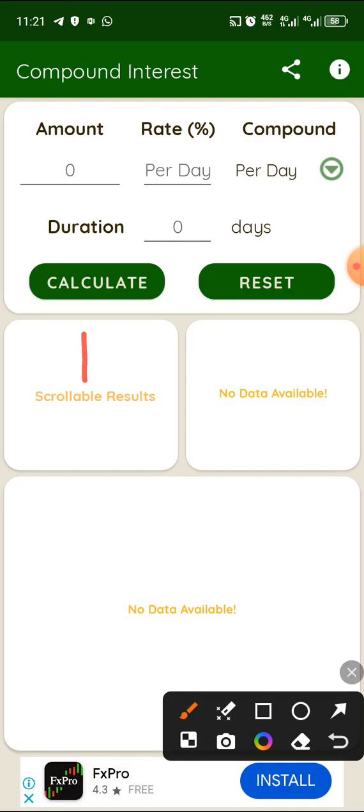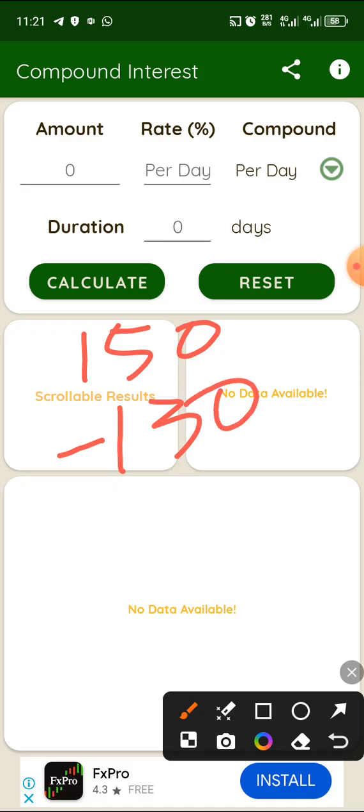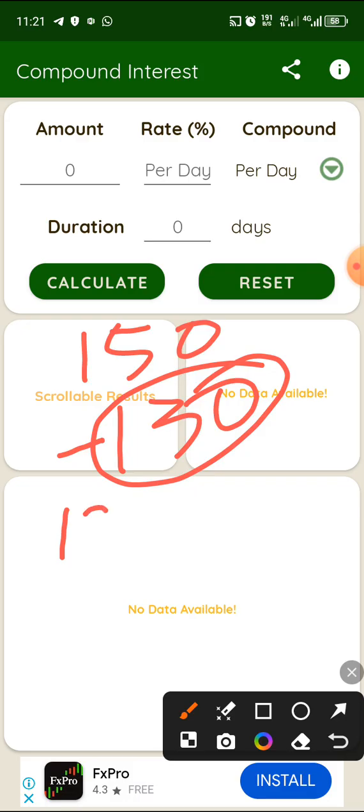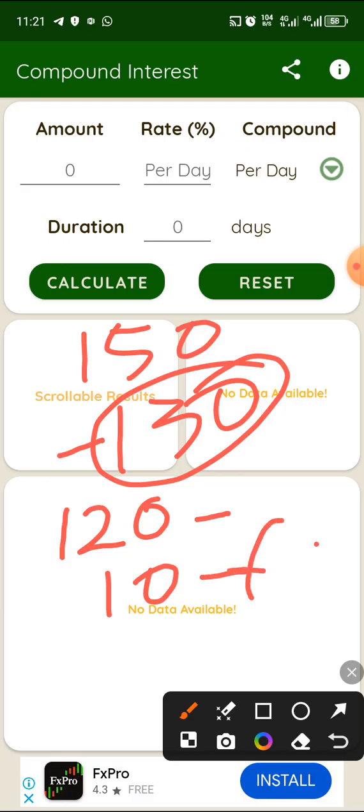Yeah, it was 150. We subtract the 130, which you all know that 120 is for buying the robot and $10 is for the fuel fee. Okay, so we were left with $20.